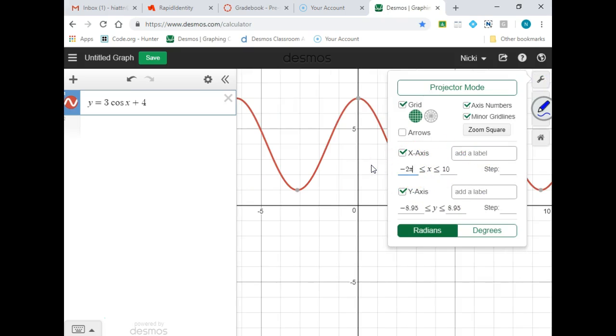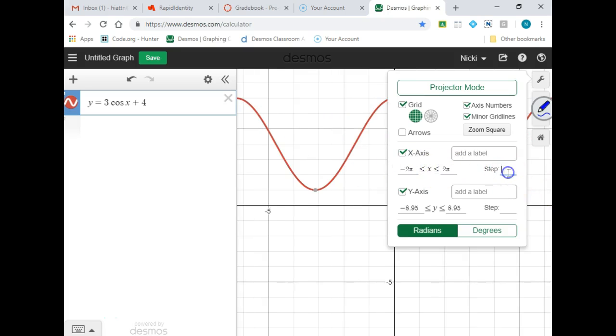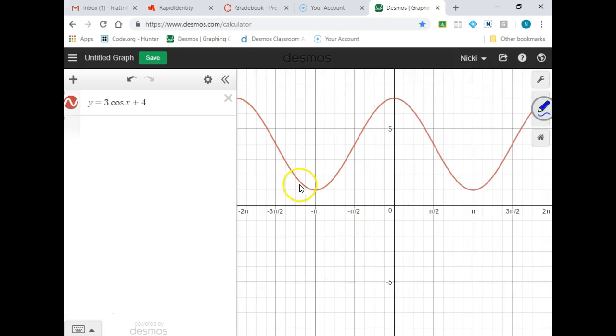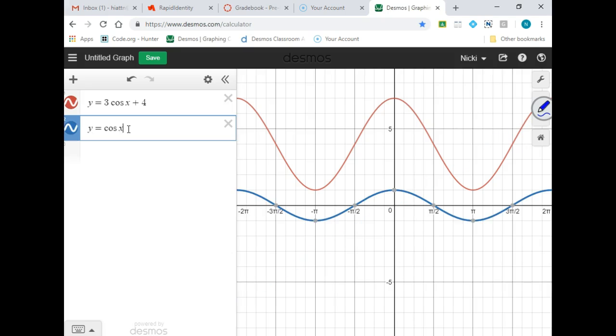So negative 2 pi and 2 pi and pi over 2. Okay, so if you graph this, actually let me also graph just cosine x.